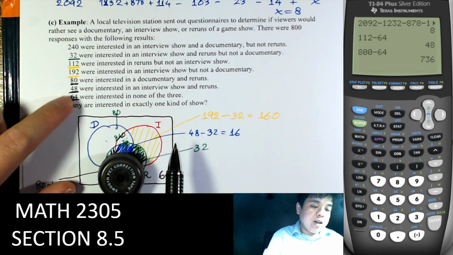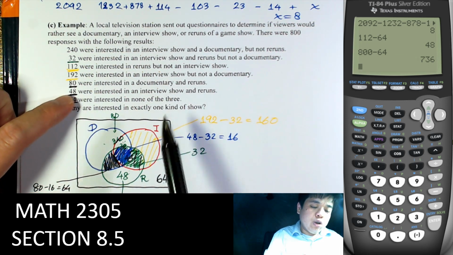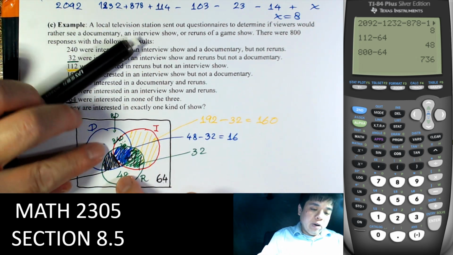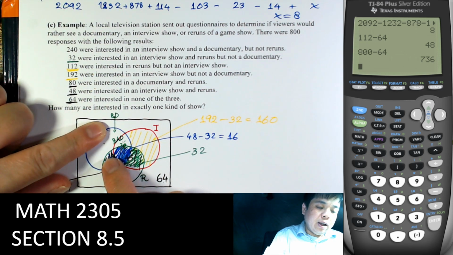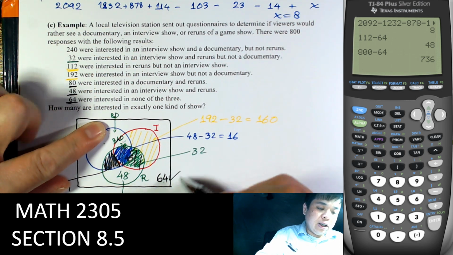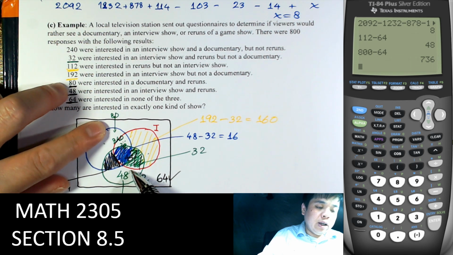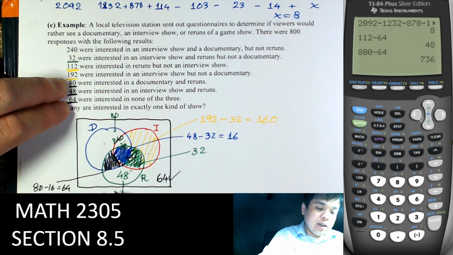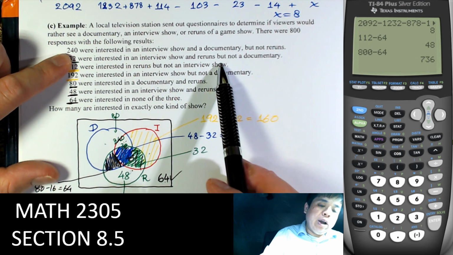So that's good. Let's go with the double check from the beginning. 48 interview and rerun. So those circles. And 64 non-overlap. So that checks. 48 interview and rerun. 32 interview and rerun.